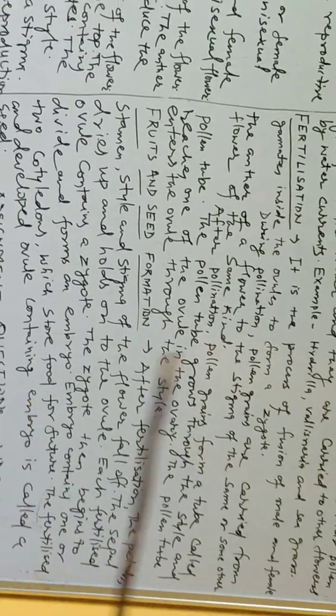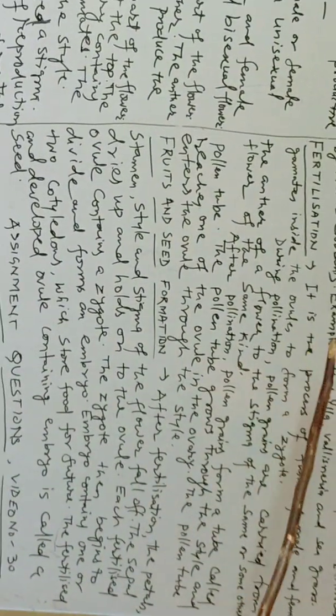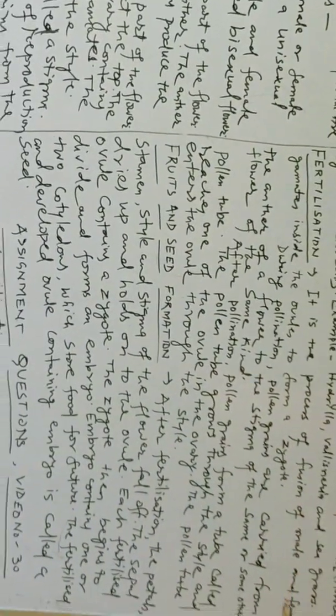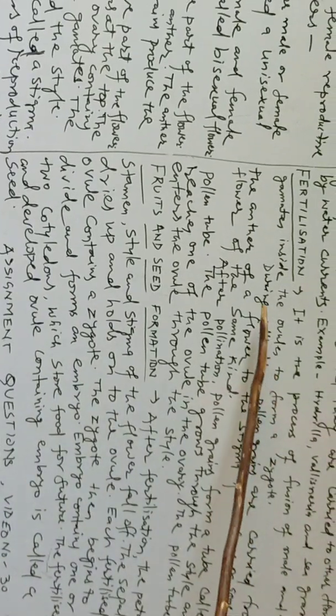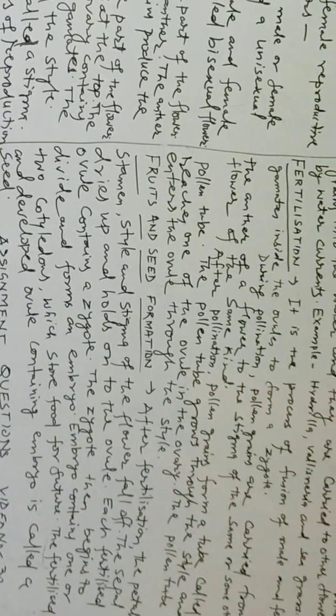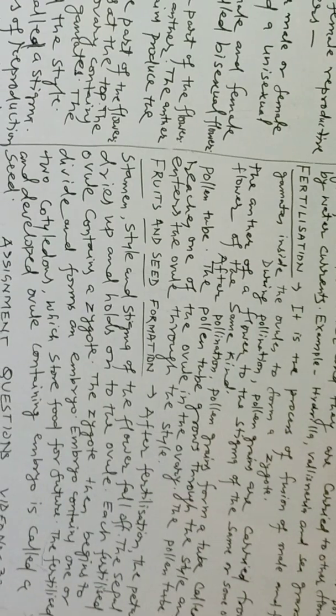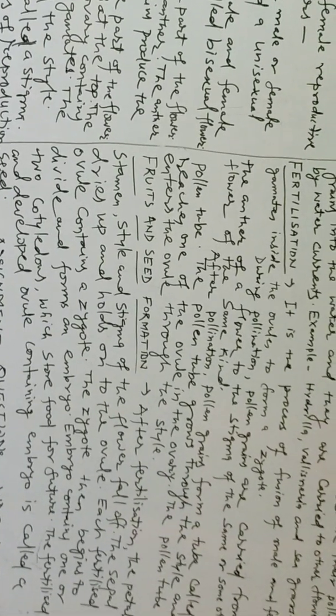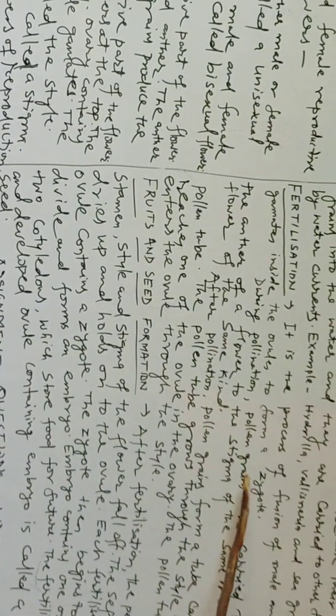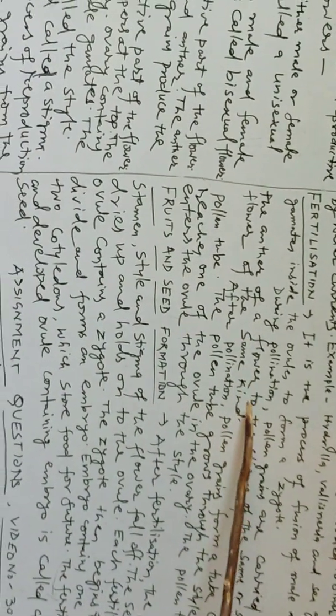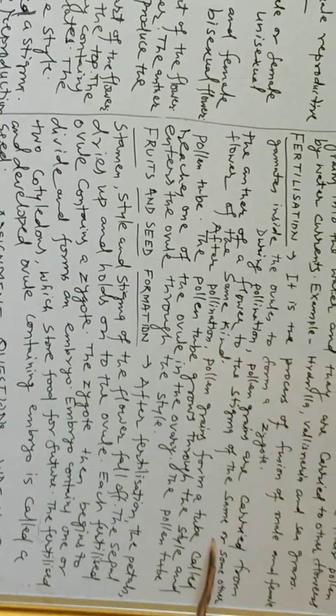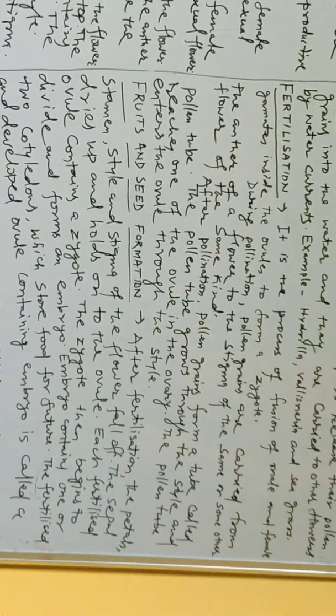Next one is fertilization in plants. It is the process of fusion of male and female gametes inside the ovule to form a zygote. What happens during pollination? During pollination, pollen grains are carried from the anther of a flower to the stigma of the same or some other flower of the same kind.